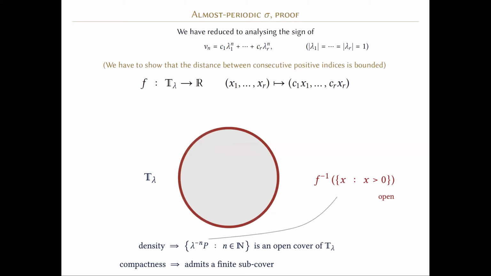By continuing this process, we obtain a cover of T lambda. By the way, this process must result in a cover by the density, and because we know that T lambda is compact, this open cover must have a finite subcover. The conclusion for us here is that wherever the powers of lambda land, it will take only finitely many steps until they go into the part of T lambda where the value of the linear recurrence sequence becomes positive.